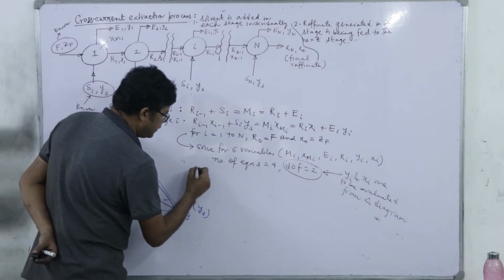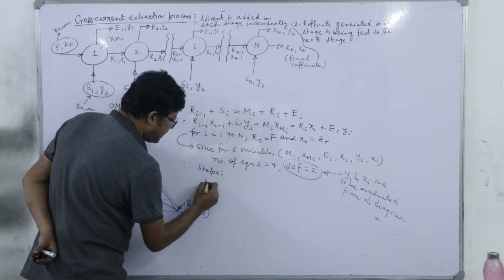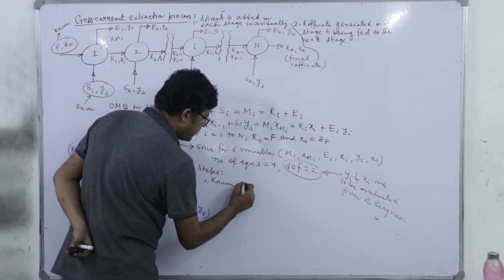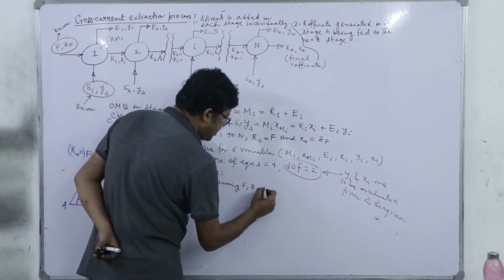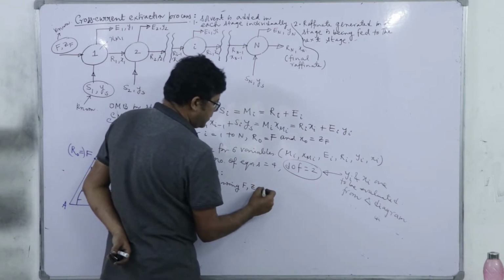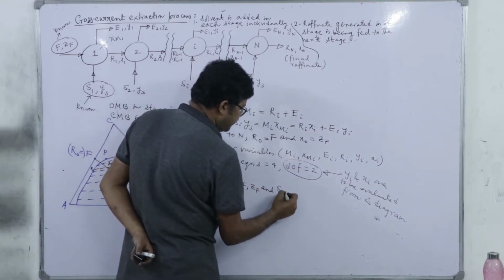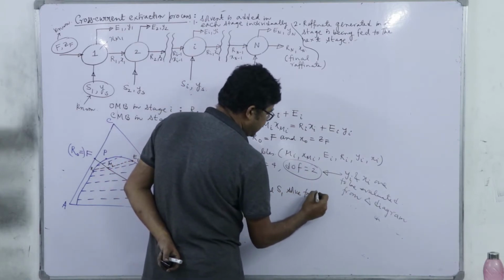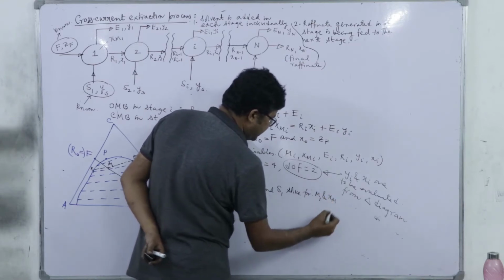So, steps: knowing F, ZF and S1, solve for M and XM, or M1 and XM1.